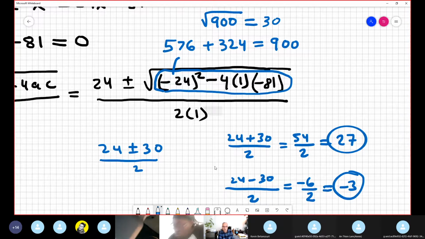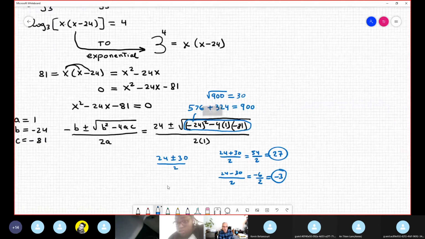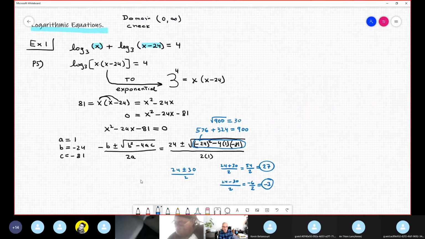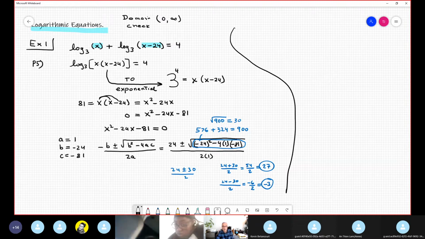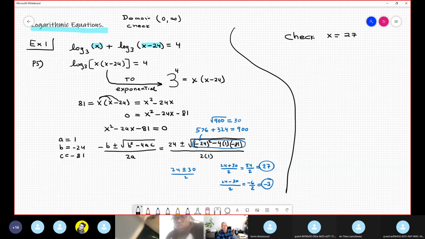These are solutions, but I don't consider them the final answer, because remember, we need to check in the original equation. This is super important in this kind of logarithmic equation: the checking part. Checking x equal 27 first.